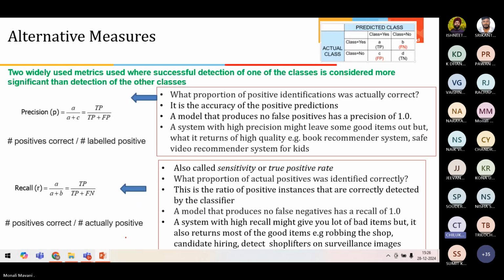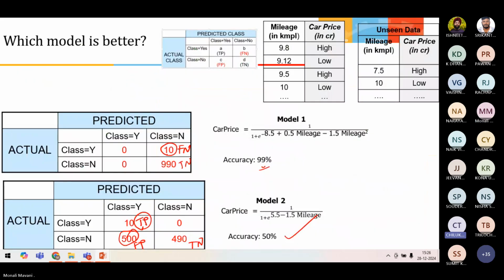Ma'am, for cancer detection, is model 2 good? So I can say for cancer prediction, both the models are not good. Because in the first model, even though the accuracy is high, the 10 patients who actually have cancer are left out. That is dangerously bad.